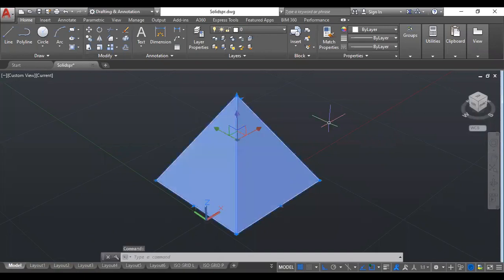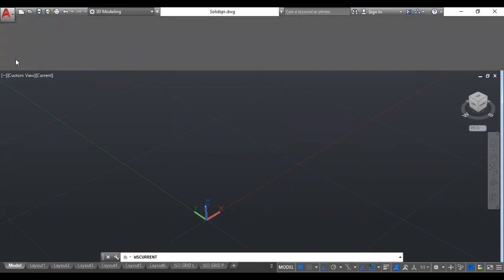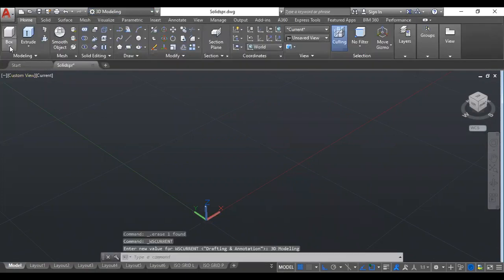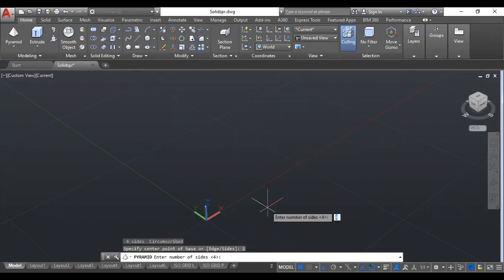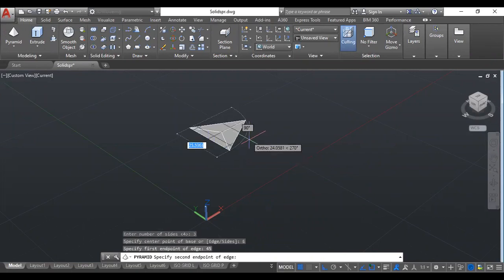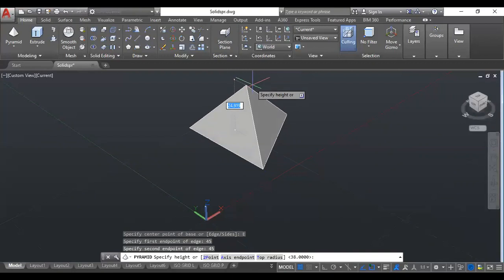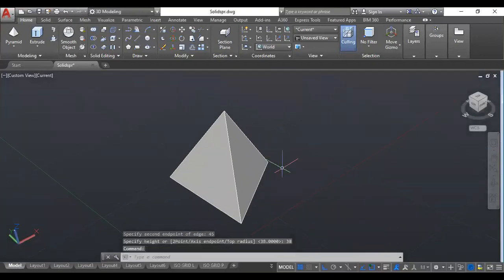Sorry, this is a square pyramid, not a tetrahedron. A tetrahedron may look something like this. I'll just show you here. Okay, so this is how a tetrahedron may look.